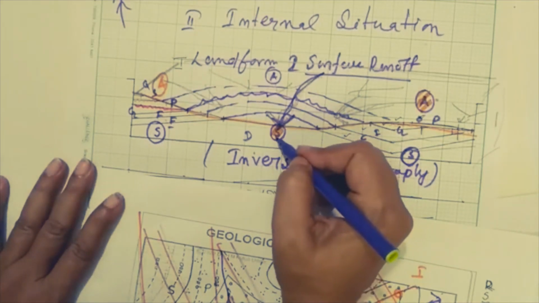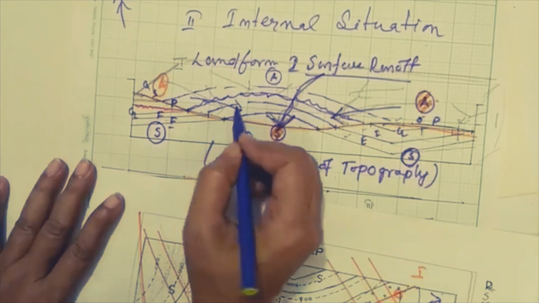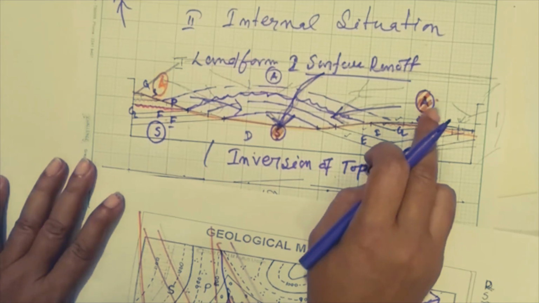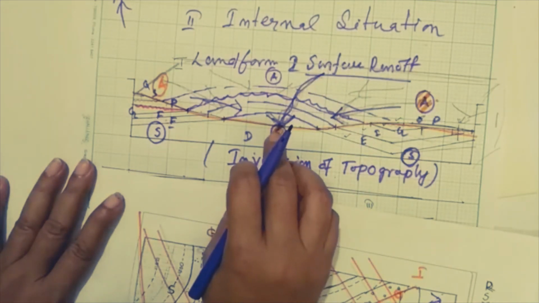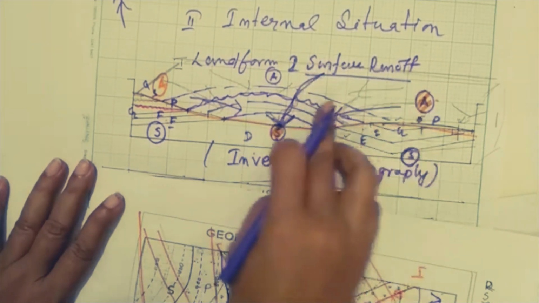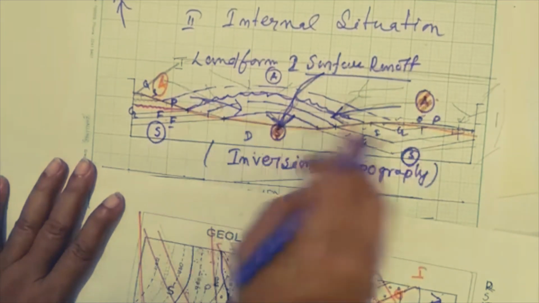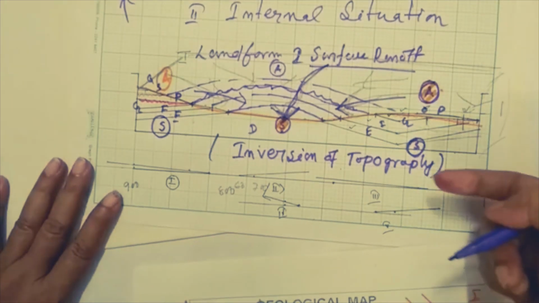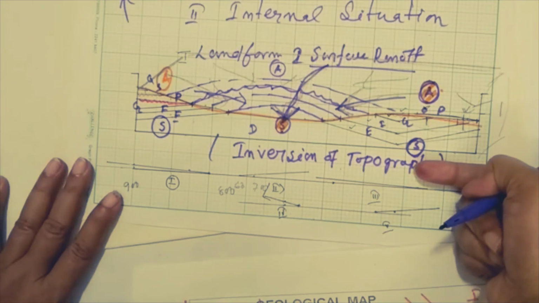So in the synclinal valley there is a river system, and in the anticlinal zone there is a secondary river system which comes and joins with the primary river system. This is the subsequent stream, and those are the consequent streams. In Bengali, this is the Onugami Nodi, and those are the Paraborti Nodi. This geological map shows the inversion of topography, because these are anticlinal in outer surface and synclinal in internal structure.